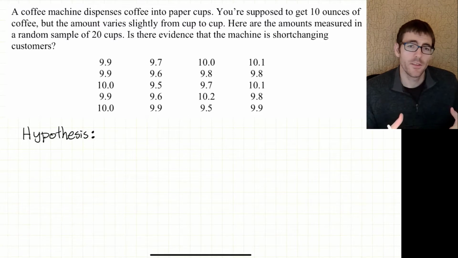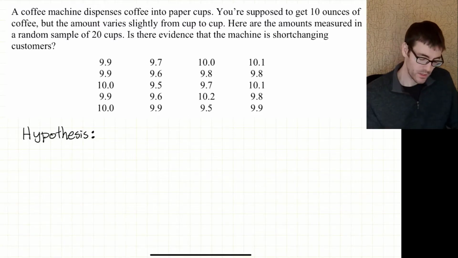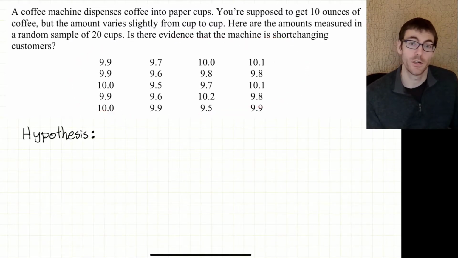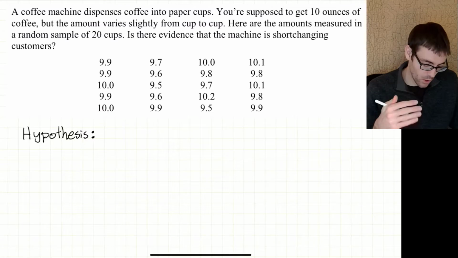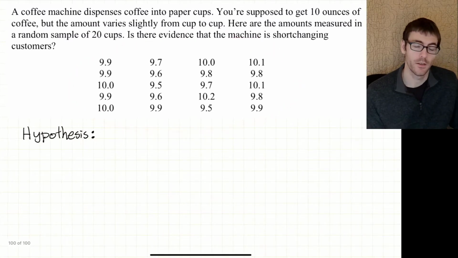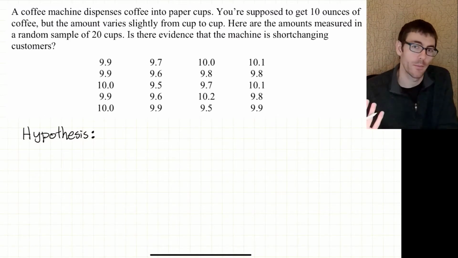Our null hypothesis should always be a statement about a population parameter. We know exactly what the sample mean or the sample standard deviation was. What we are interested in isn't what happened with these 20 cups of coffee. We're interested in the big picture. We want to know the population's parameter.